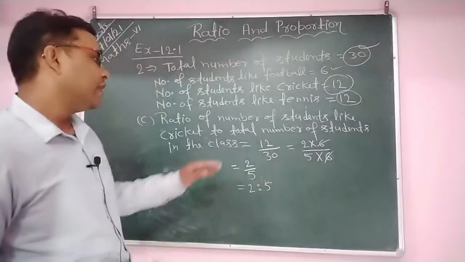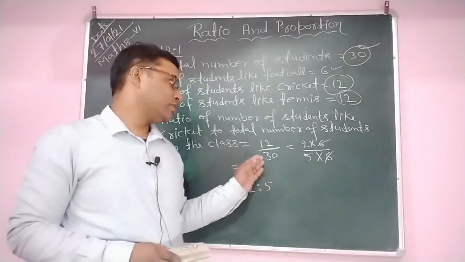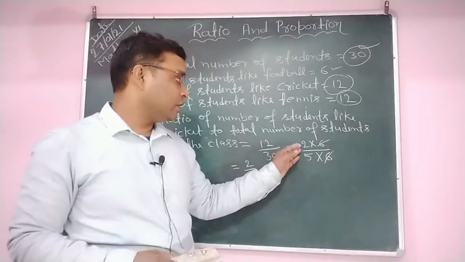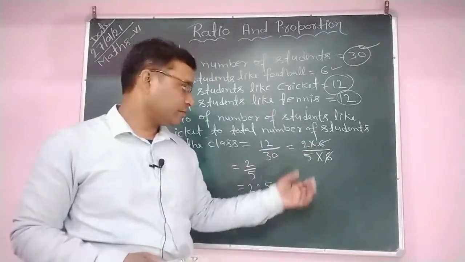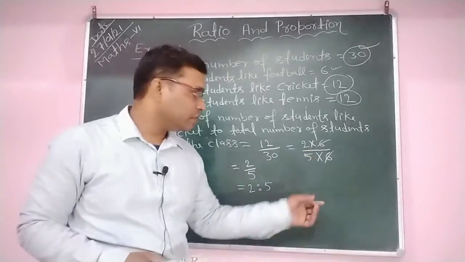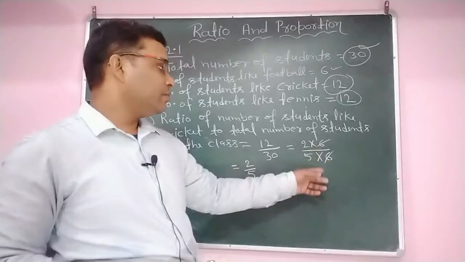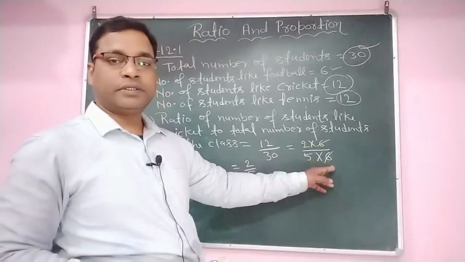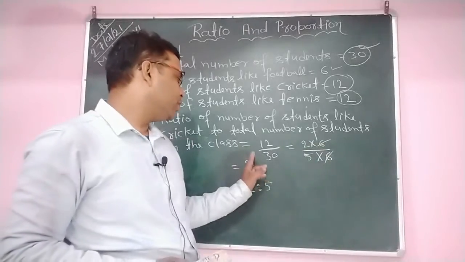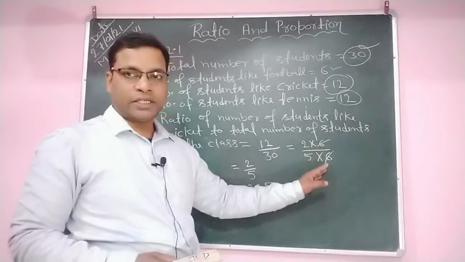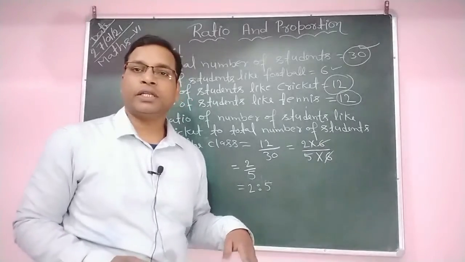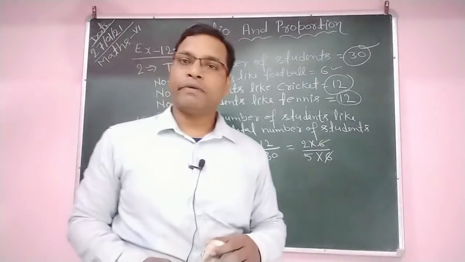So you write the ratio as 12:30. 12 is equal to 2 into 6, and 30 is equal to 5 into 6. So in both numerator and denominator, 6 is common. Clear? Now 6 is cancelled, so you can write 2 by 5, that is 2:5. This is clear. Students, I hope all of you understood this question.